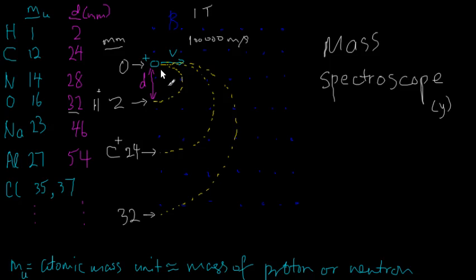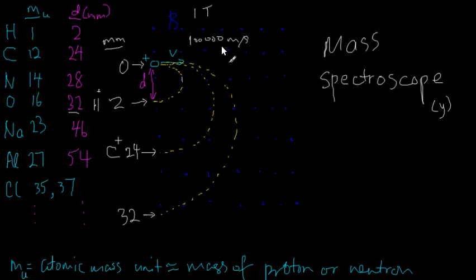But one important thing about this method is that we need to shoot the atoms, no matter what unknown atoms, we need to shoot them in, right? These atoms that are charged with a single positive charge, we need to shoot them in at the same velocity.